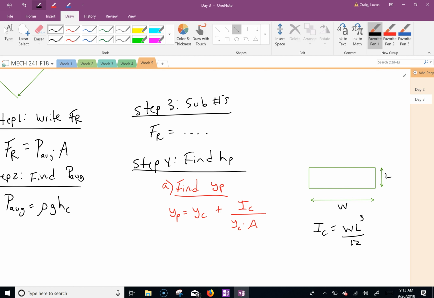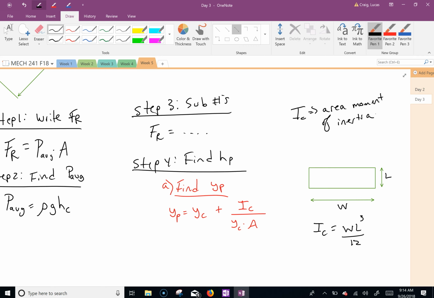There's equations for it. So this area moment of inertia just talks about how this area is distributed in this shape. Okay? So IC is what they call the area moment of inertia. And it's basically talking about how well this area, or really the mass, is distributed in a rectangle.